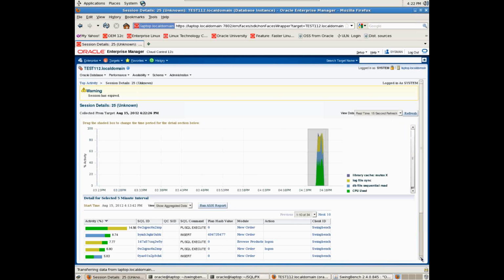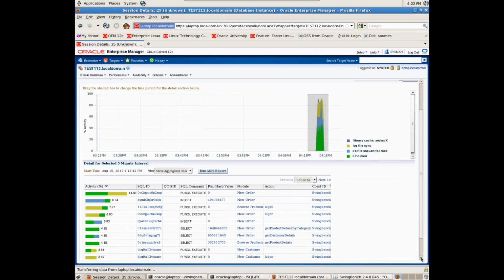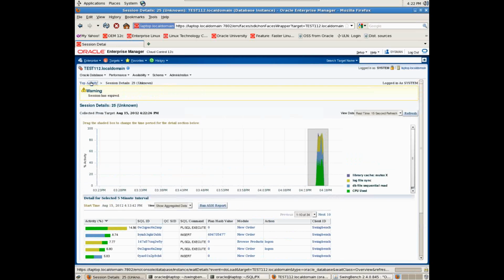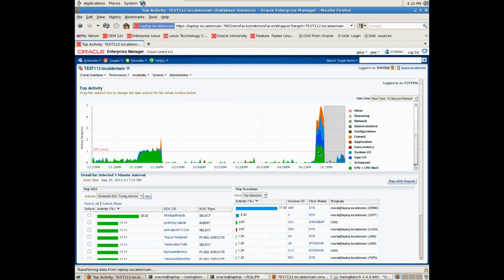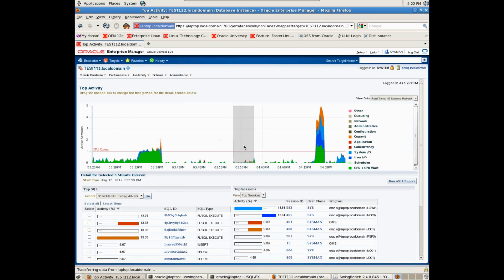So for this particular session, I can see whether this session is a problem. I can see what it's doing, I can see what it's waiting on, and I can see which is the most important SQL statement. So at the high level, to back up a little bit, how can I know whether this period of time over here is significant or not? Well, there are a few ways.